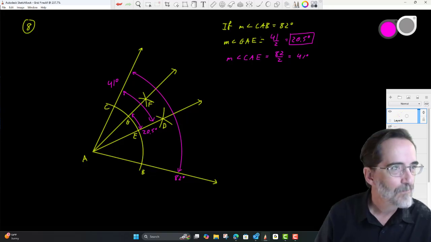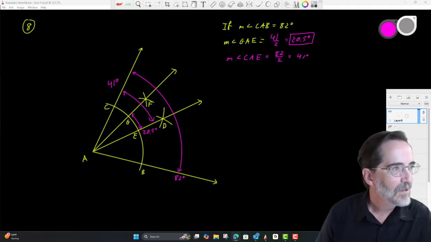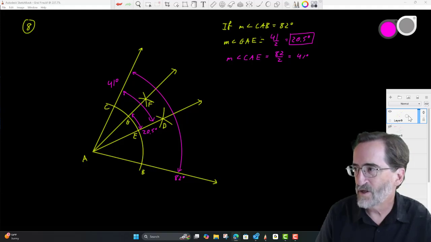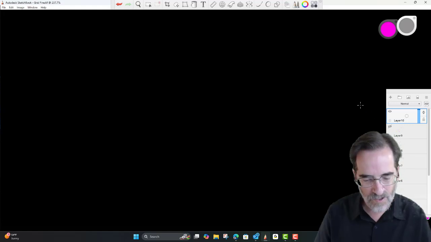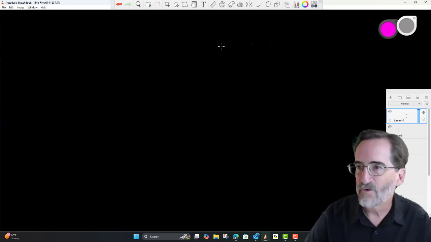Okay. Number 9. Number 9 asks about the construction of a perpendicular bisector. So again, use a compass and straight edge. If you don't have a compass, use the MathsPad link I gave you on question number 5.